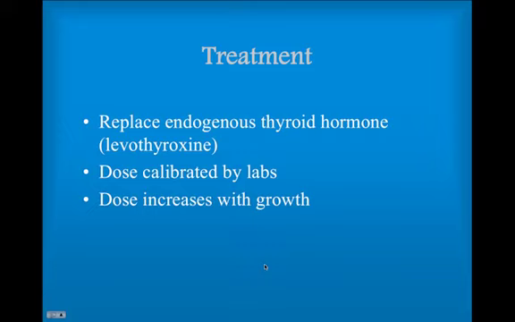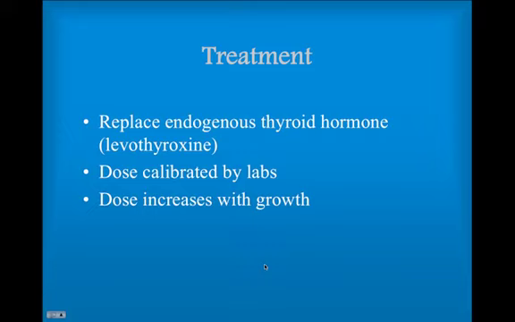The treatment is to replace the endogenous thyroid hormone, levothyroxine. The dose is calibrated by the labs, usually by the TSH, and remember that the dose increases with growth. There are a couple of controversies right now in the treatment of thyroid disease.